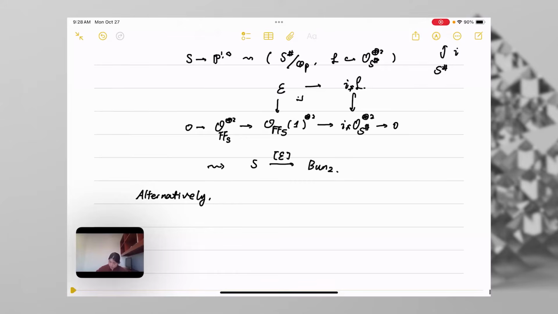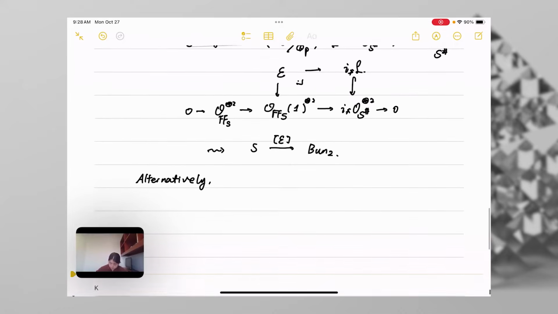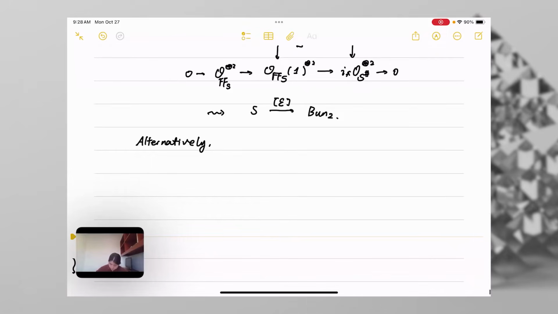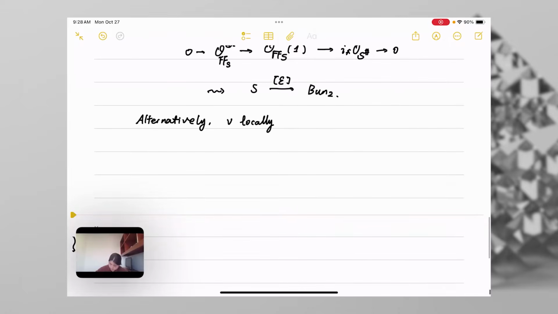However, there is another way of interpreting the construction of this map in terms of p-divisible groups. So we offer this alternative description because it will become relevant to us later. So we said that we're using the v-topology here. And one benefit of that is that the test object can be chosen to be of a very simple form v-locally. In particular, the v-topology has a basis given by the so-called products of points.